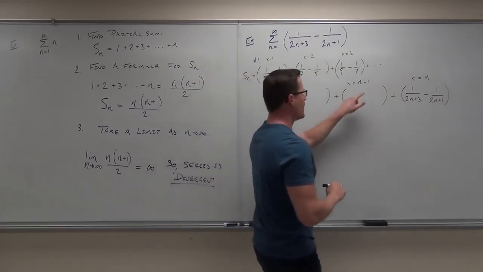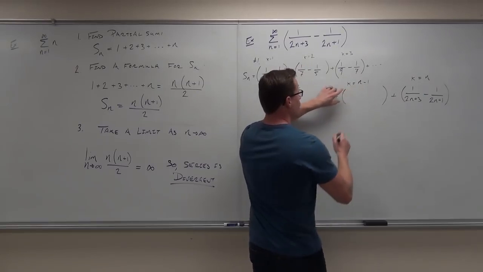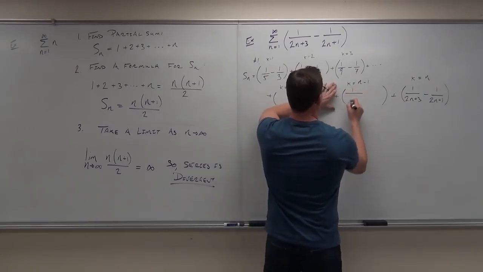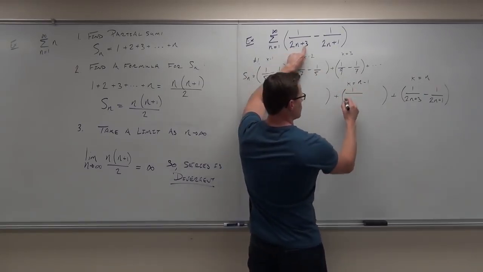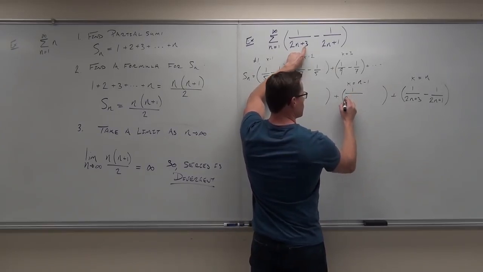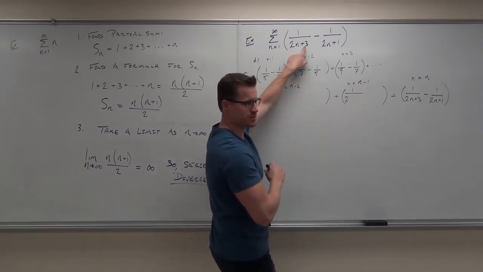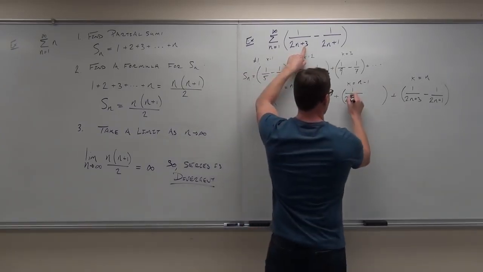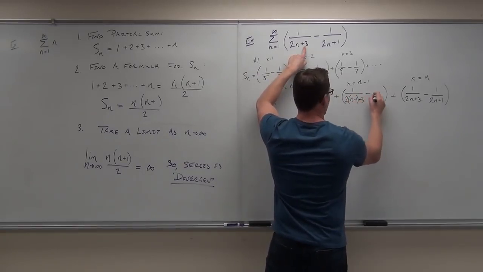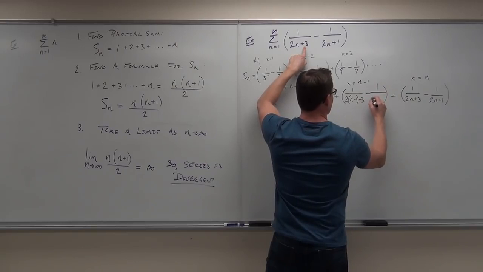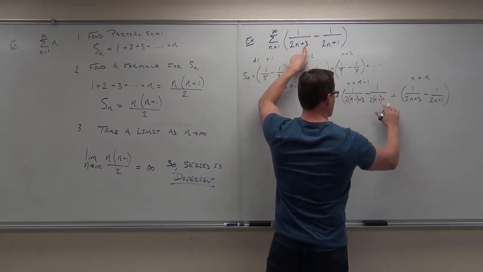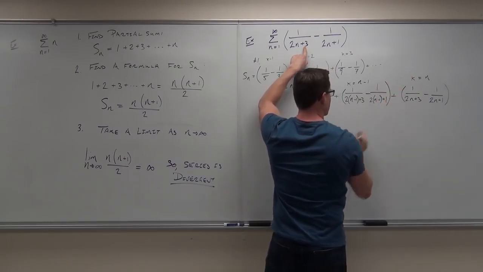Now, if I have to find these guys, it wouldn't be 2n minus 3, it would be 2 times n minus 1 plus 3. Very good. Minus 1 over 2 times n minus 1 plus 1. Notation's getting sloppy. There we go.